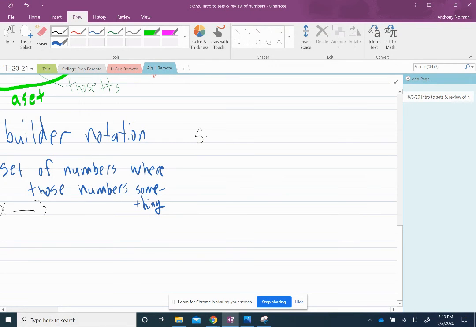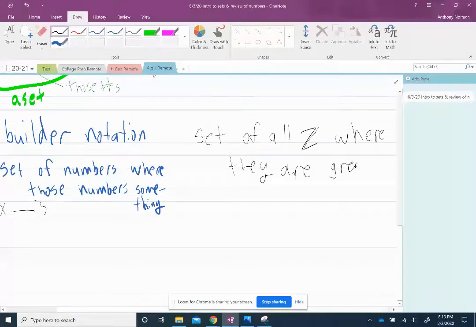Set of all integers where they are greater than 5.